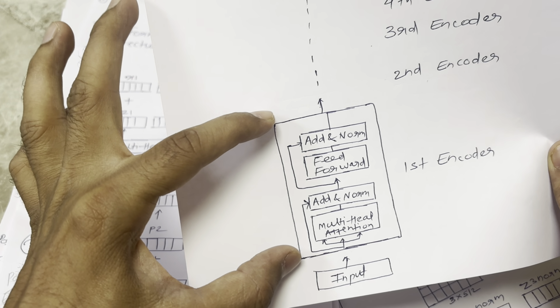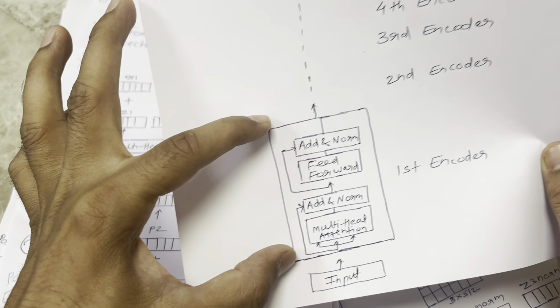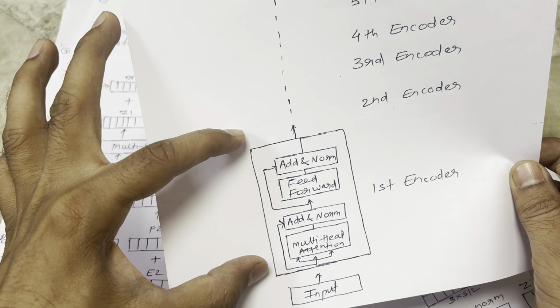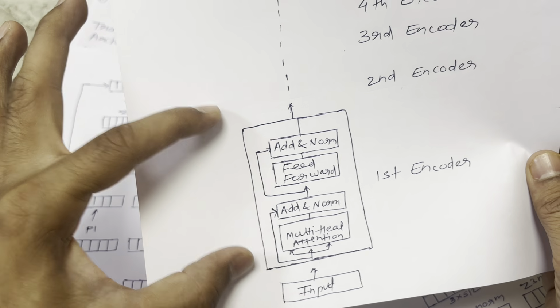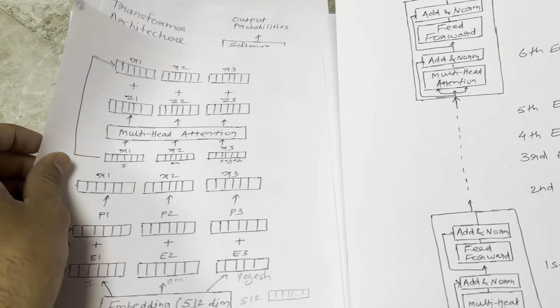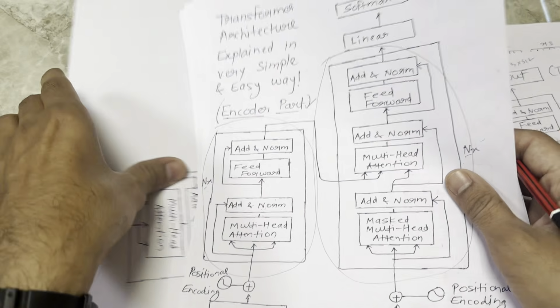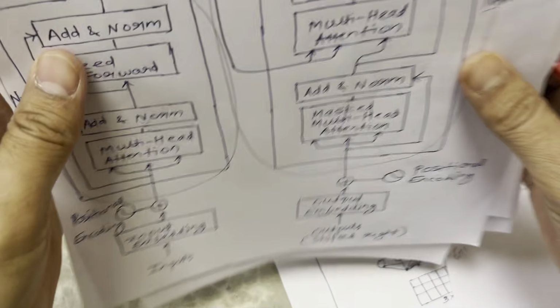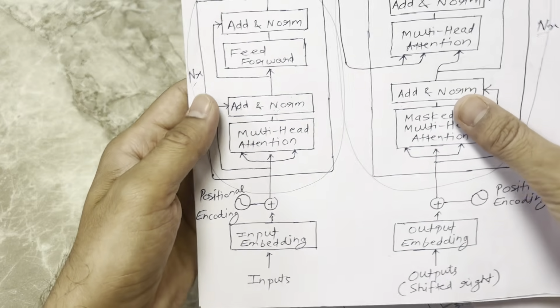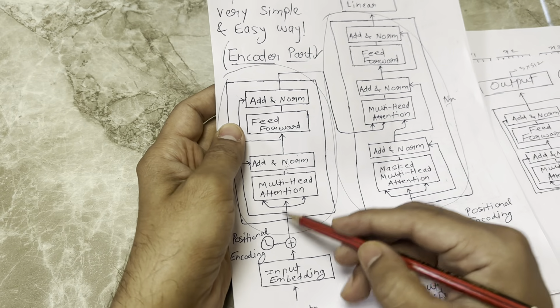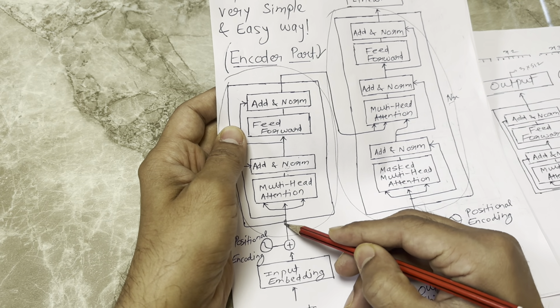They will enter the first encoder block, that is this one. I hope you are able to see that. It means, everyone, in our architecture, where are we right now? If you want to understand that, I'll point it out. See everyone, we are here.